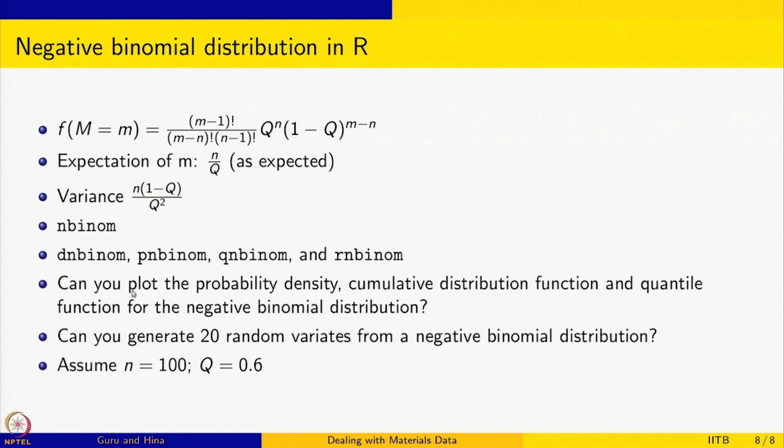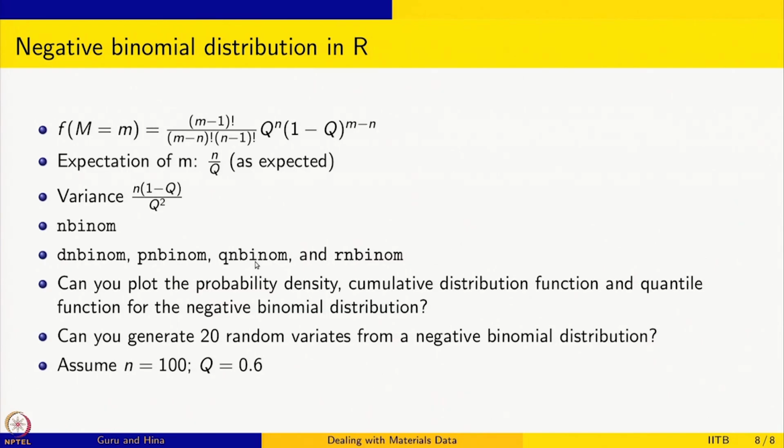So, the next question: can we plot the probability density, cumulative distribution function and quantile function for the negative binomial distribution? Remember pnbinom and qnbinom are inverses, and the inverses are important for confidence intervals.